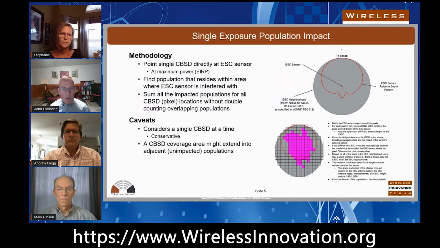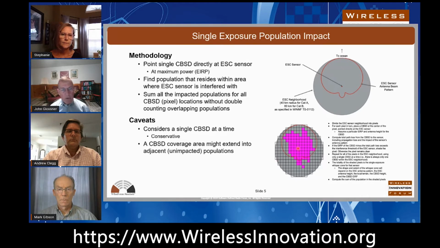So we tried to take this antenna pattern and partition it up into what we called pixels. We set a CBSD right in the middle of the pixel and pointed it directly at the ESC sensor. And then we looked at how many people within that area would be impacted by an ESC sensor, and then we summed it up over all the areas.